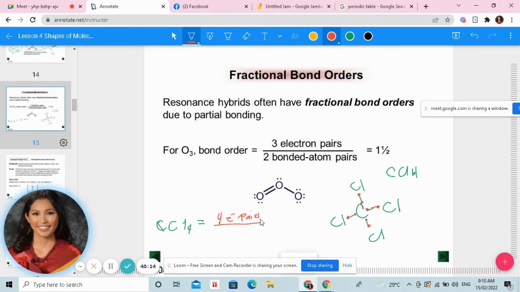Over how many bonded atom pairs? Bonded atoms, how many pairs? We have one bonded atom, two, three, four.